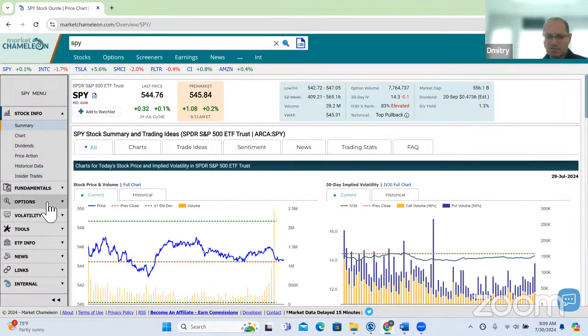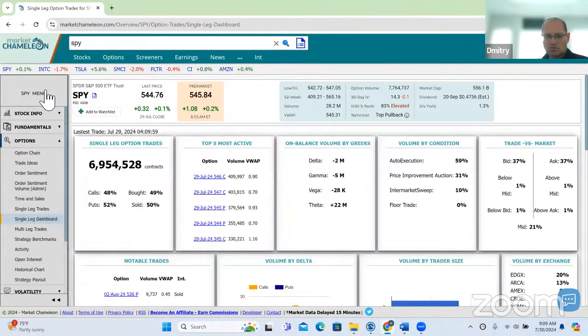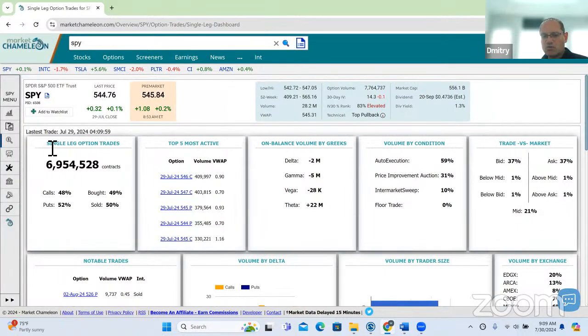Let's go back here, options. So here's the single leg dashboard. Multi-legs are over here, but let's go back to the single leg. I'm going to click on that. We'll bring up this dashboard here. Now we have just these single leg trades that we put into a bucket, and we're going to analyze them from different perspectives.